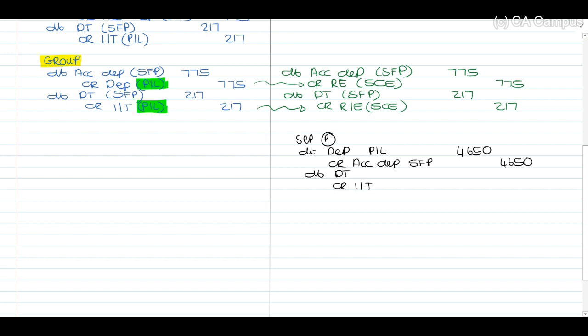Why credit income tax? Remember, our expenses increase. This will result in a decrease in our profit and therefore a decrease in our income tax with an amount of 1302.